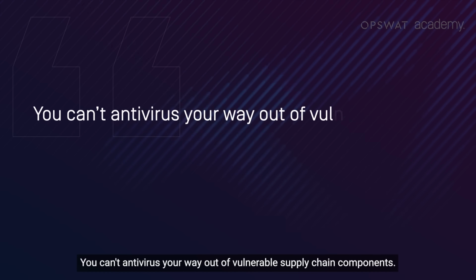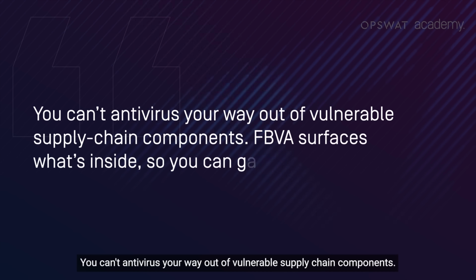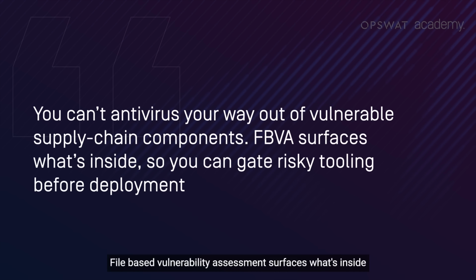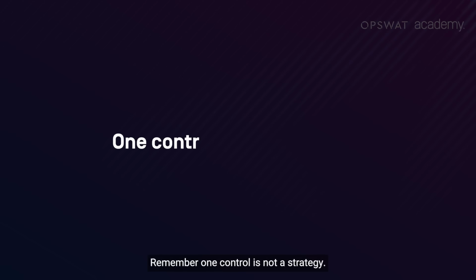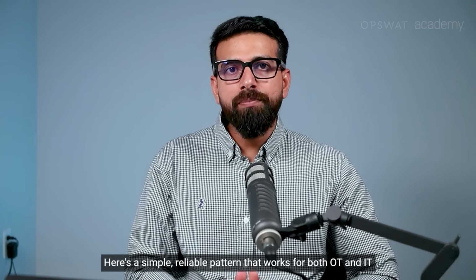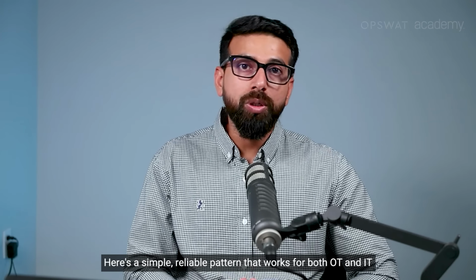You can't antivirus your way out of vulnerable supply chain components. File-based vulnerability assessment surfaces what's inside so you can catch risky tooling before deployment. Remember, one control is not a strategy. Here's a simple, reliable pattern that works for both OT and IT.